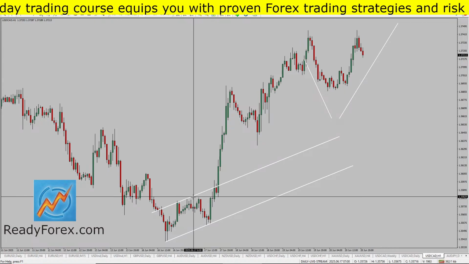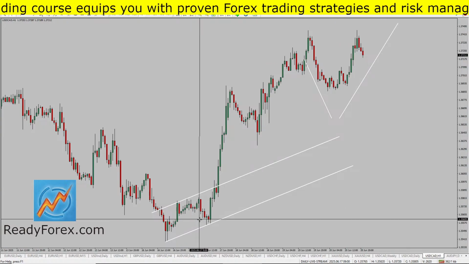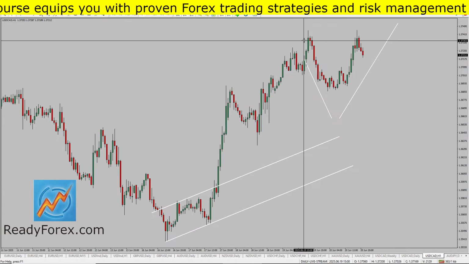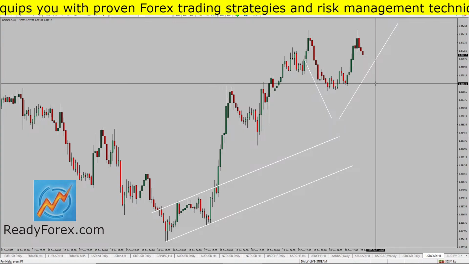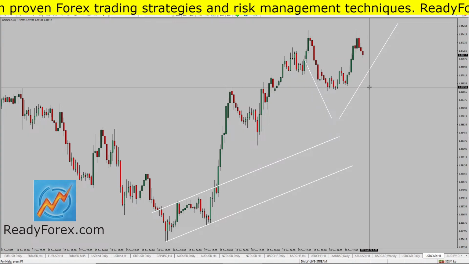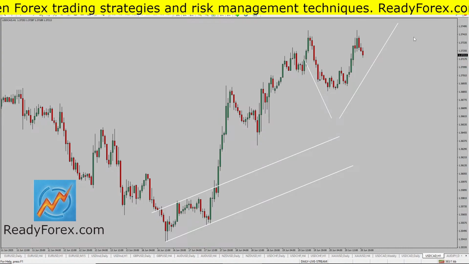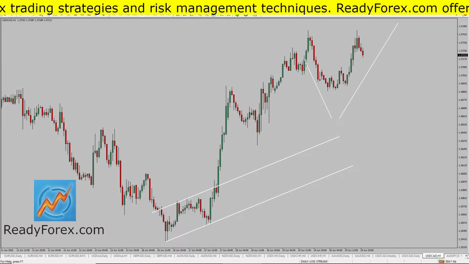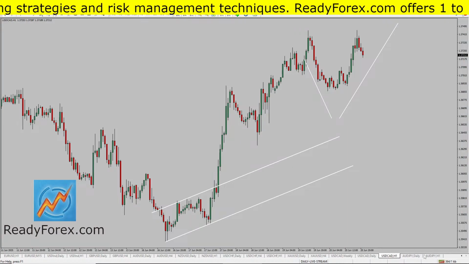Okay, if I label this 1, 2, probably we got this as 3, and this is the wave 4 going on, which is going to turn into sort of a triangle or a flat scenario. Overall, it's an uptrend. In other words, in simple words, it's an uptrend.